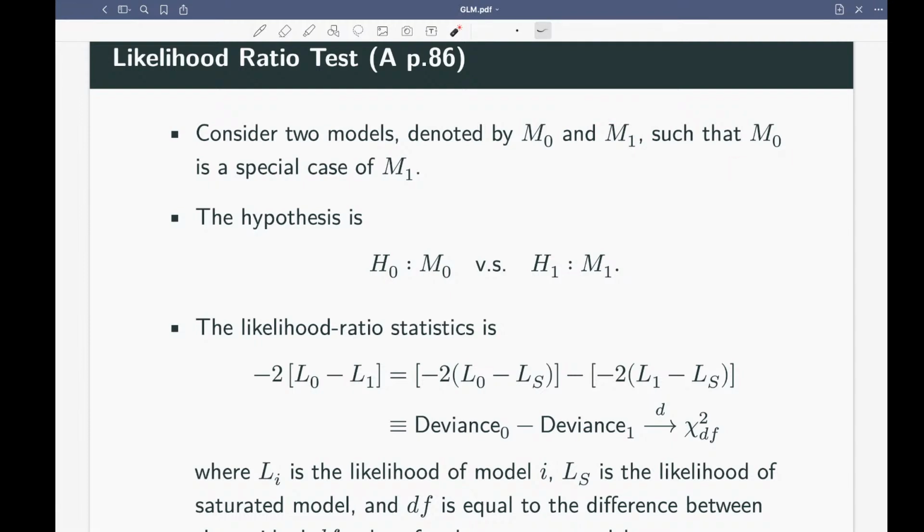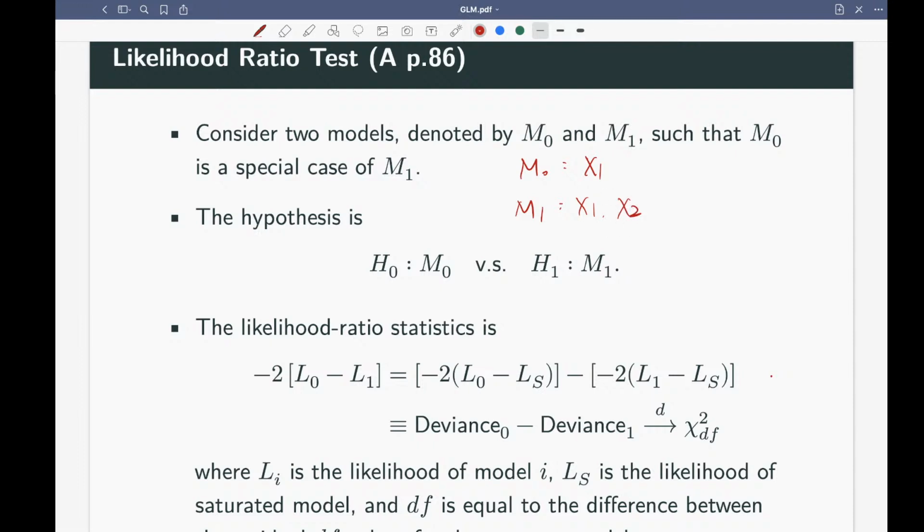For example, in M0 you use one regressor, X1. In the M1 model, we use two regressors, X1 and X2.